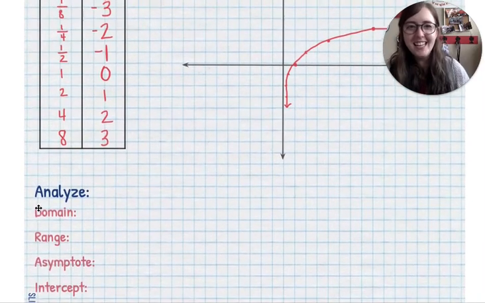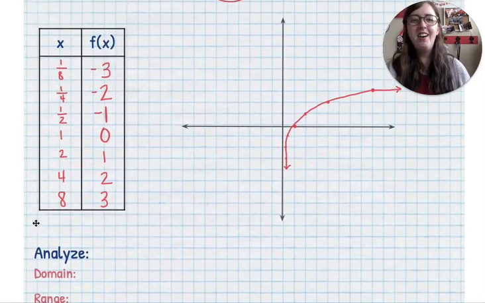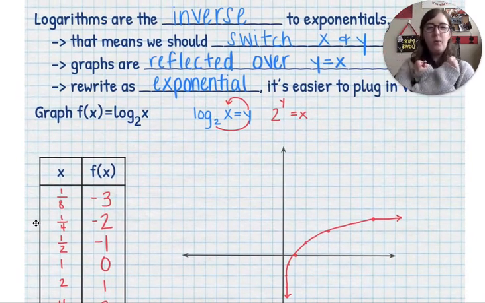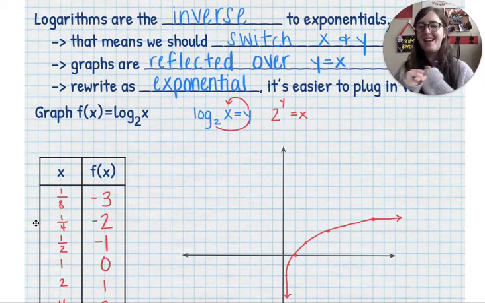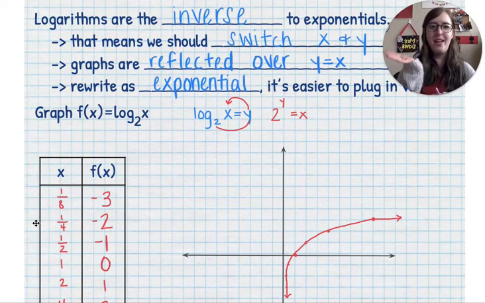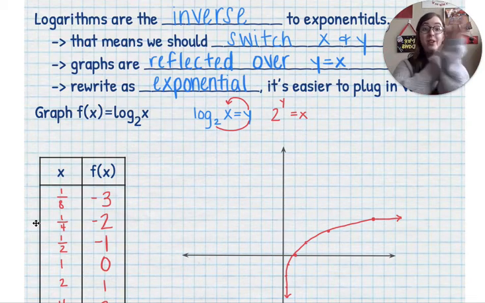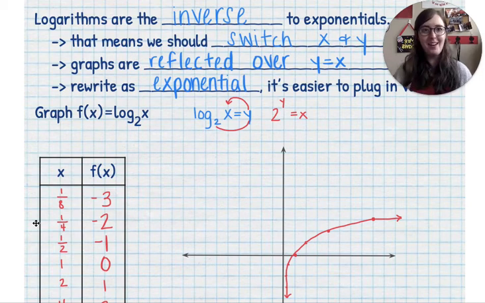Now we want to analyze this. Let me remind you, inverses mean we switch x and y, right? If we switch x and y, that would mean, remember, our domain is our x's and our range is our y's. So if we switch our x's and y's, we're also going to switch our domain and our range from our exponential.